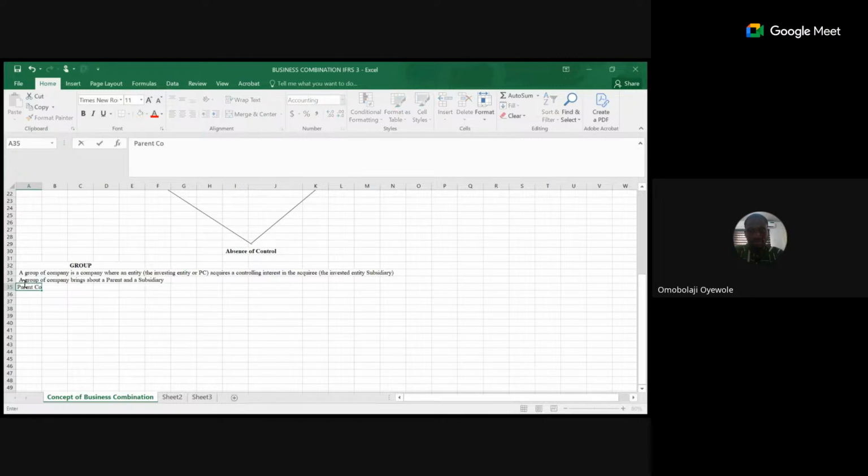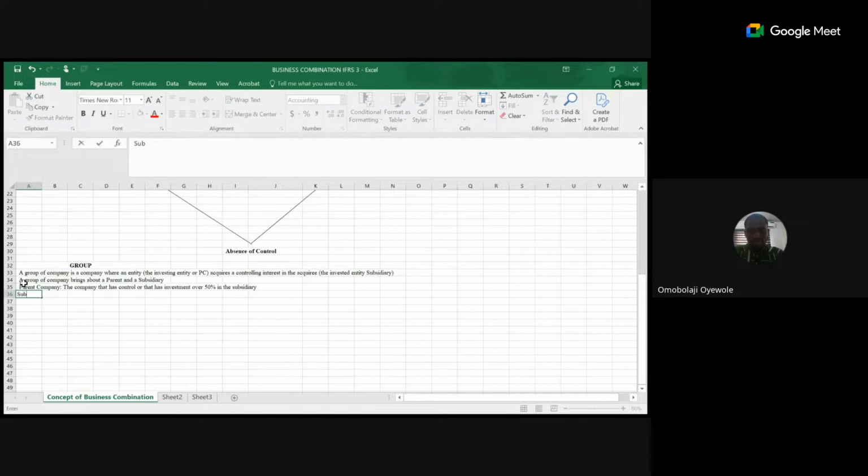Or who is a parent company? So a parent company is the company that has control or that has investments over 50% in the subsidiary.